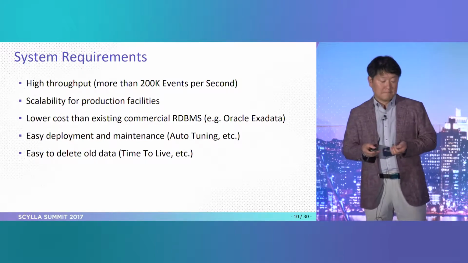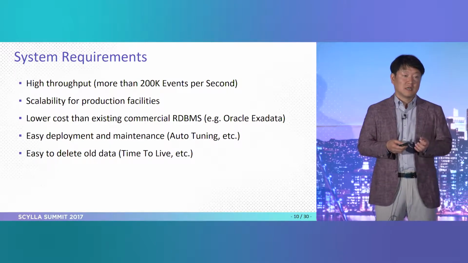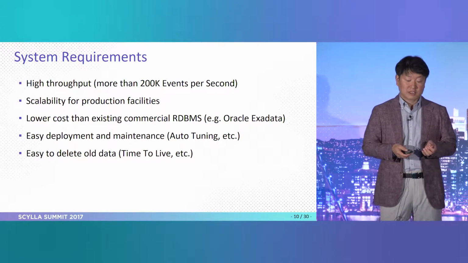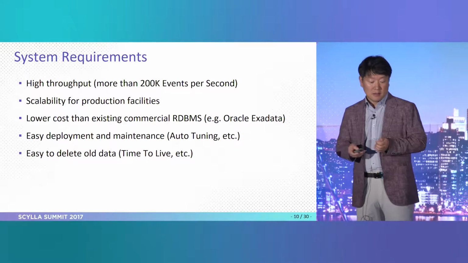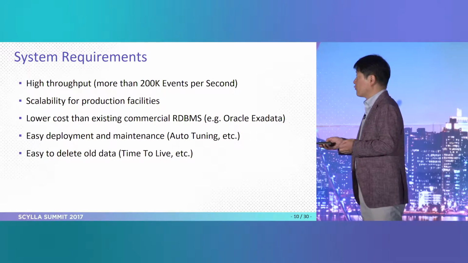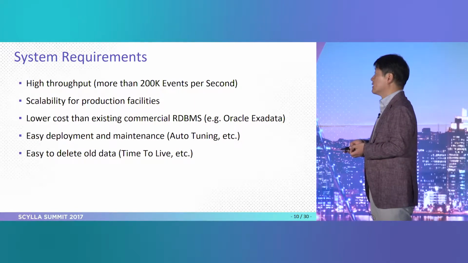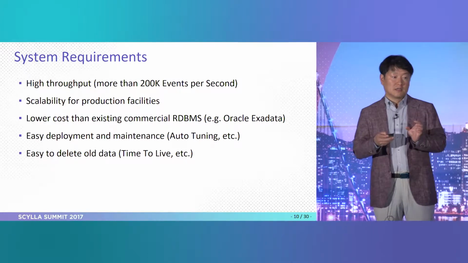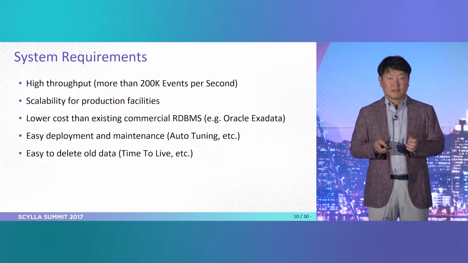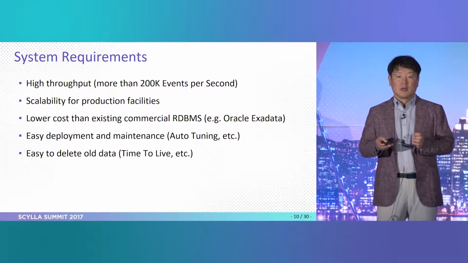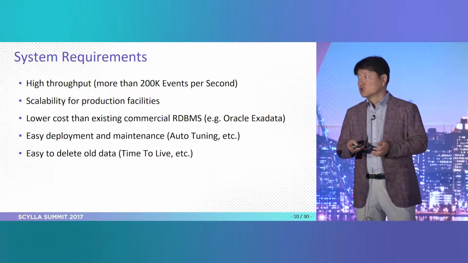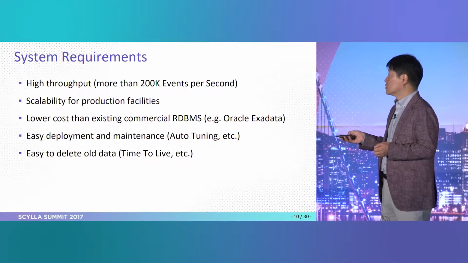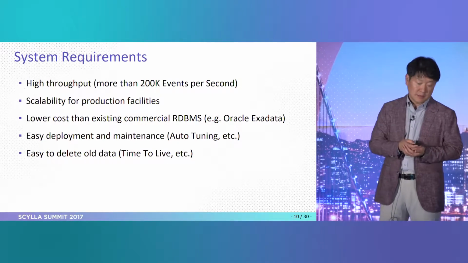Also, as the business grows, the customer wants scalability for production facilities. Another thing is easy deployment and maintenance. Also, it should be easy to delete all the data. As you know, sensor data is a huge amount of data, so they want to delete it using time to live, those kinds of things.